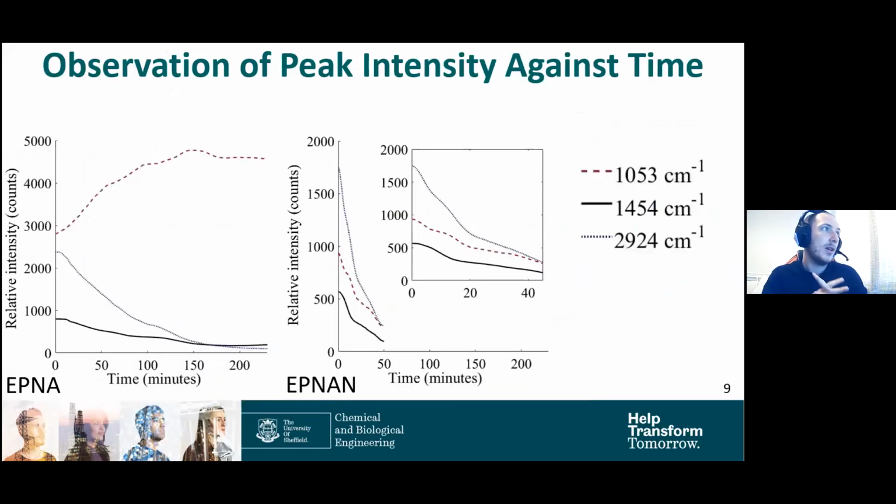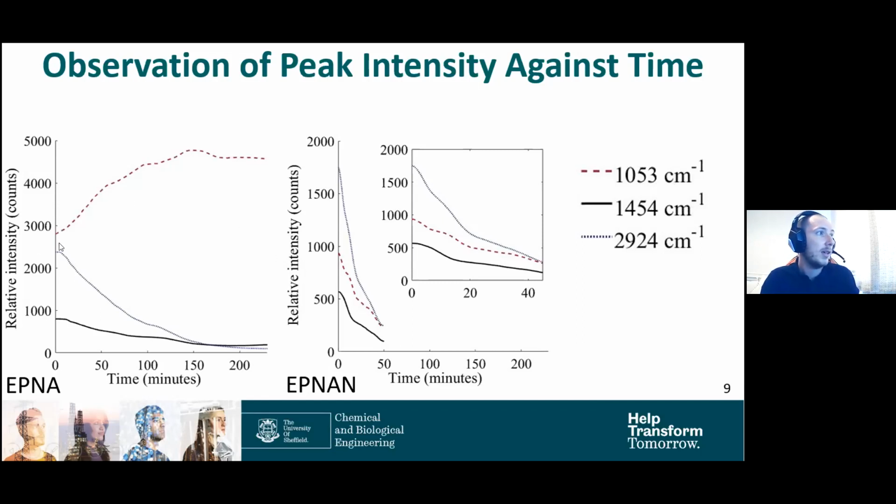Now, here what we're looking at is each of those peak intensities tracked against time. In this instance, we're substituting the space domain, which would be in the aerosol flow tube, with the time domain to give us a really operando investigation of the single droplets.